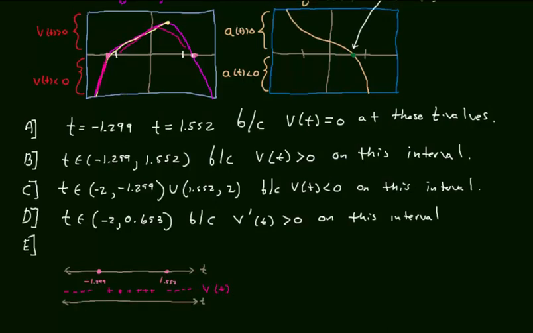So the next t-axis that I have drawn is to represent that of the acceleration, and we had a 0 at 0.653. We're rounding to 3 decimal places, of course. Now we're going to indicate the sign of the acceleration.